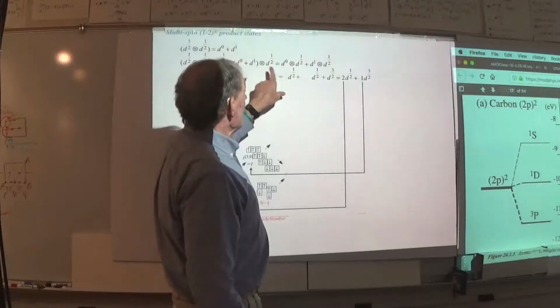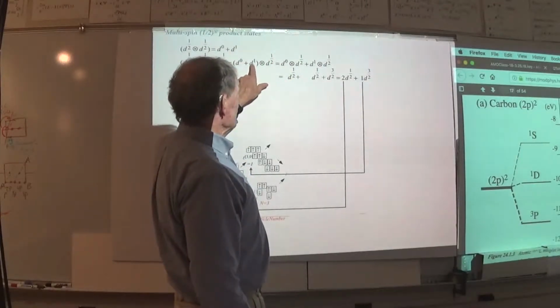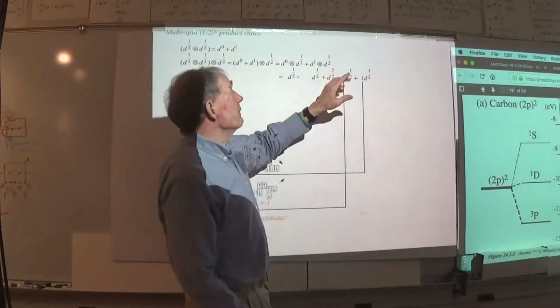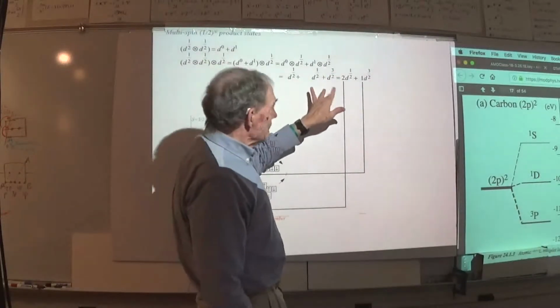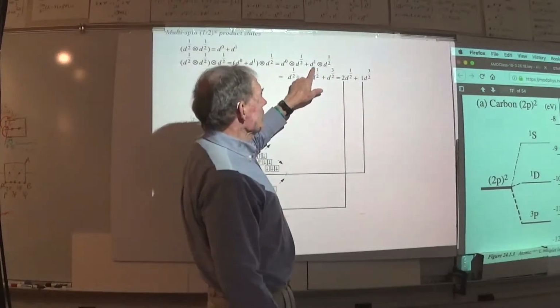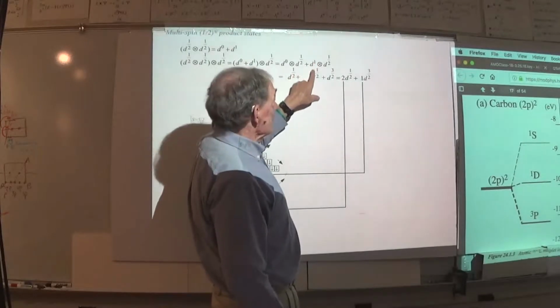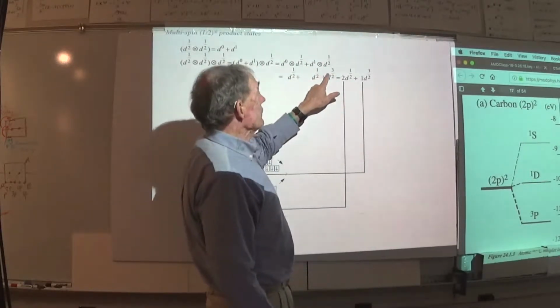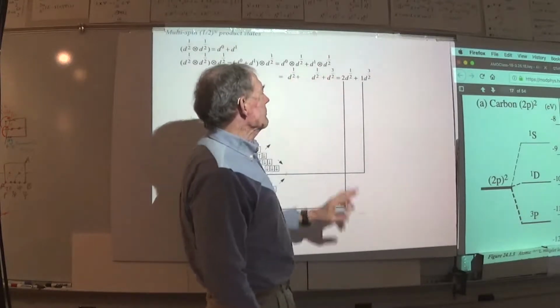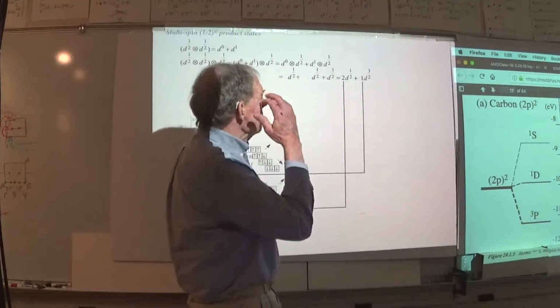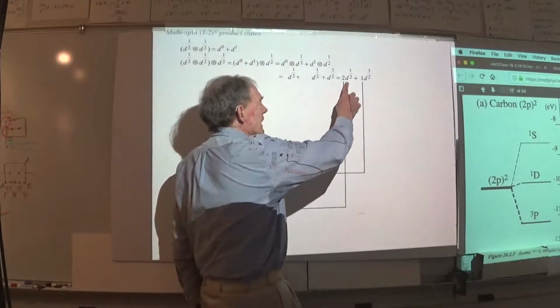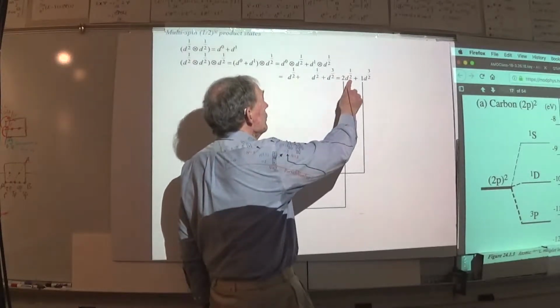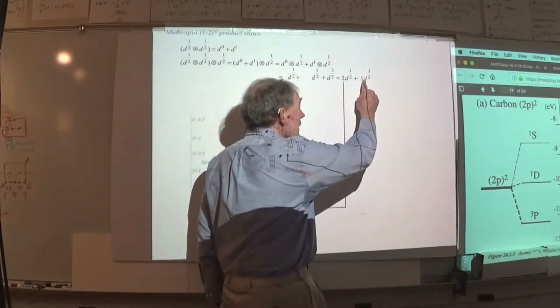End of story. But we've got this other guy here, D1 cross 1/2. Well, if you remember your Clebsch-Gordan way of thinking of these things, you know you're going to get 1 minus a half, and then 1 plus a half, and that's it. You're going to get a half and 3 halves out of that, and that's as much as it's going to go by the rules of the quantum. And that means we're going to have 2 of these halves and 1 of the 3 halves.